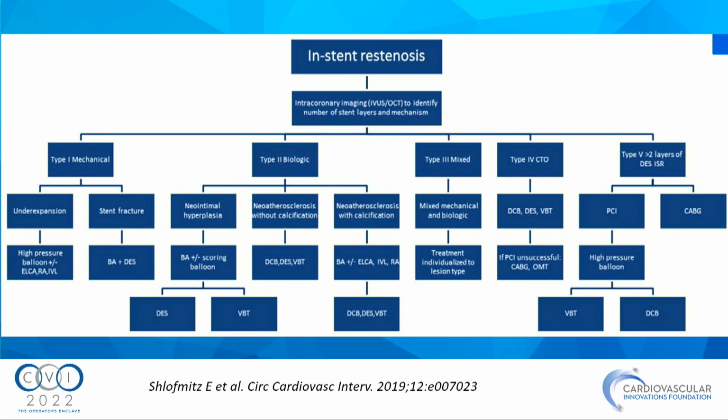Type 2 being biologic with neointimal hyperplasia or neoatherosclerosis with or without calcification. Type 3 mixed, type 1 and type 2. Type 4 are occlusive in-stent restenosis, mainly involving the CTOs. And type 5 is when you have more than 2 layers of drug-eluting stents already in place.